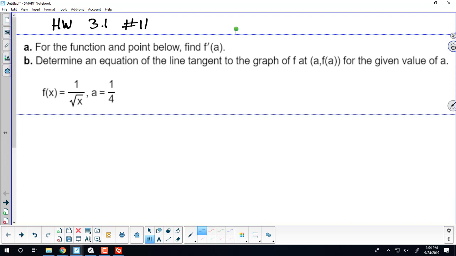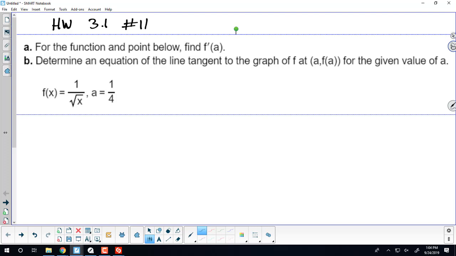On the exam, I would assume you're going to use the shortcuts we start looking at in 3.3, 3.4, 3.5, 3.6, 3.7, etc. But for now we have one of those 3 formulas, okay? And since it's in 3.1, we should perhaps use one of those formulas instead of finding the derivative function.